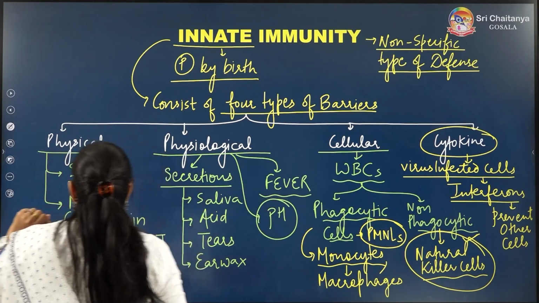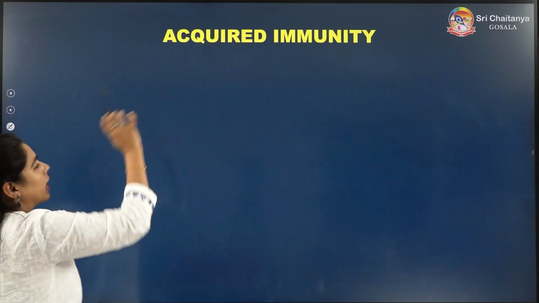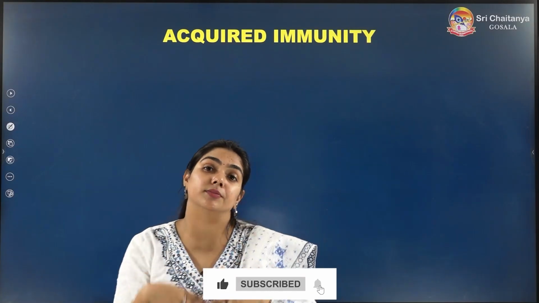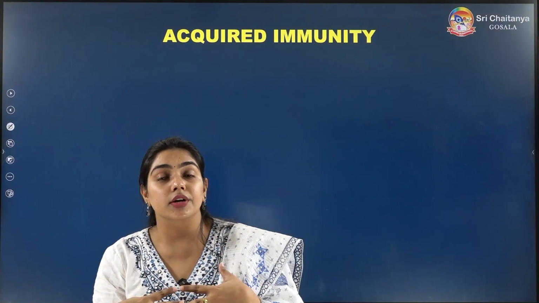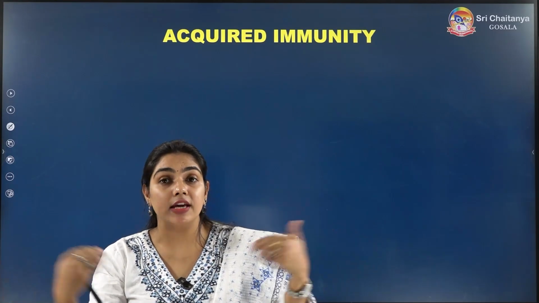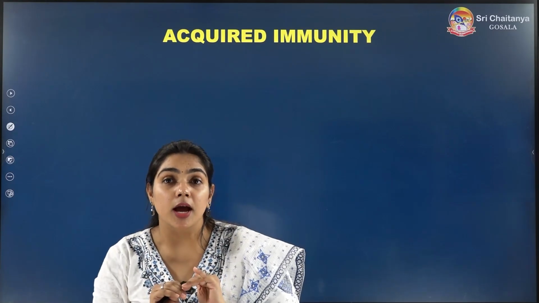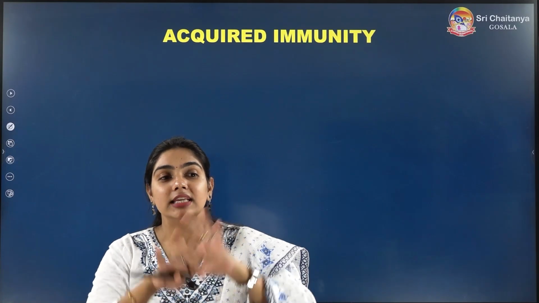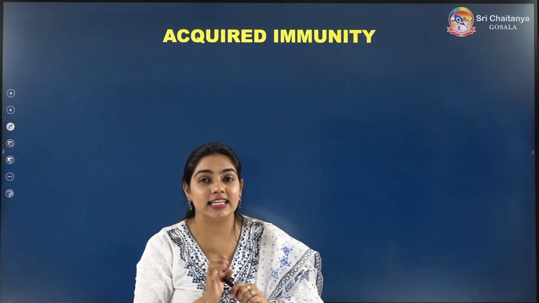Now coming to the other type, that is acquired immunity. This is the immunity which we get after birth. This is the immunity which we develop after birth when we come into this beautiful world. But in this world there are so many pathogens also, and these pathogens are trying to cause disease.